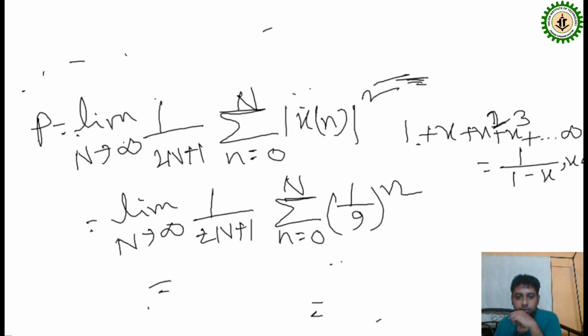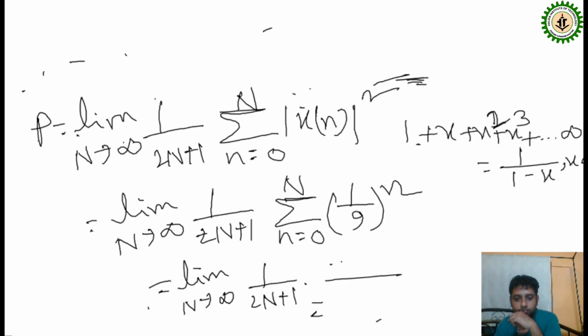Now if we write the formula for the finite GP series, from there we can write limit N tends to infinity of 1/(2N+1) into (1 minus (1/9)^(N+1)) divided by (1 minus 1/9).